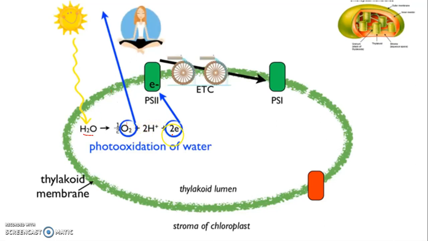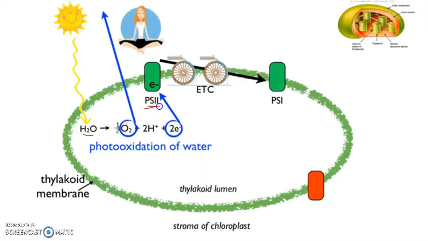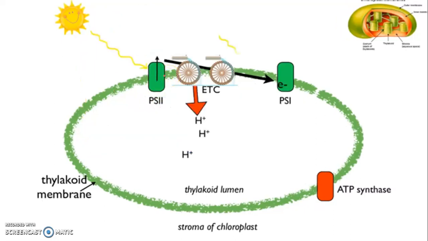And this electron, which was produced due to the splitting of water, goes to a process called photosystem 2. When it goes to photosystem 2, the light strikes it, and the electron, due to the photooxidation of water, goes to a higher state, that is the excited state.